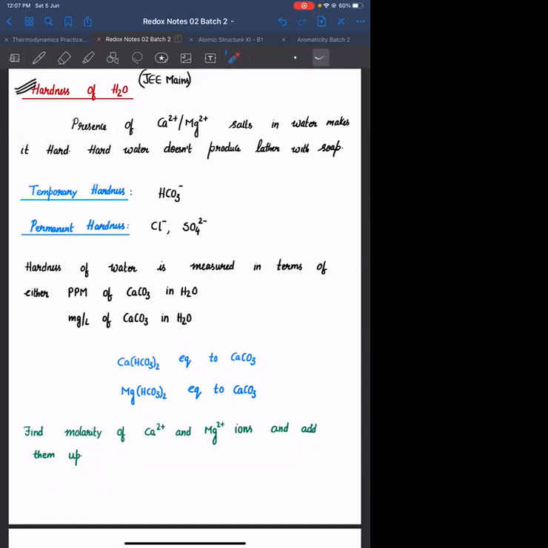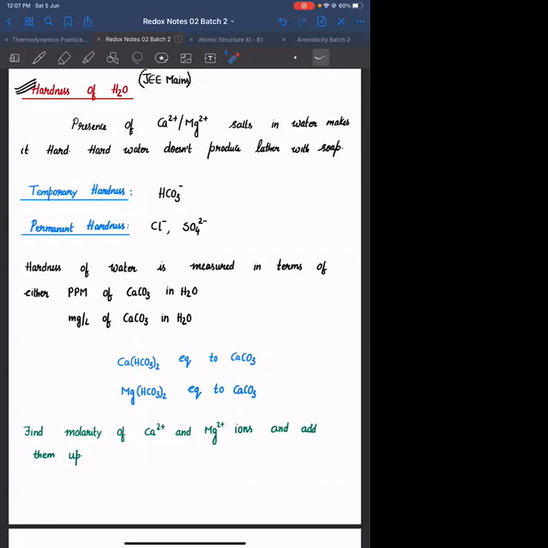And in case of bicarbonates, the molarity will be equal to normality because the Z factors are same. मतलब इसका molarity और इसका molarity दोनों same ही रहेगा. यहाँ पे +2 charge है, यहाँ पे भी total +2 charge है, total negative charge -2, total negative charge -2. Is that clear?